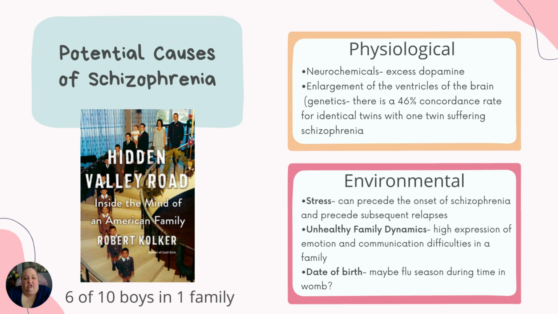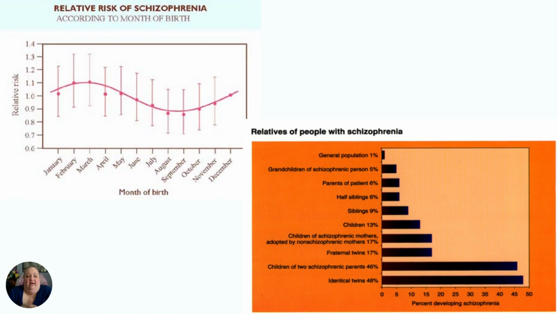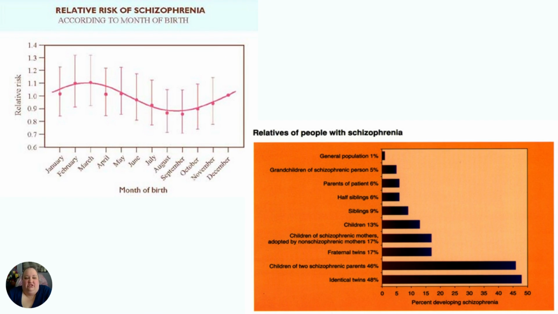So this is a very interesting book to read. I've gone through some of it, but basically the daughter ends up as kind of the control person in the family, because in this family it runs in the male line versus the female line. So that's kind of interesting. It's on audiobook. If you're interested in reading it, it is a very interesting read. I actually have the book, and it's pretty interesting.